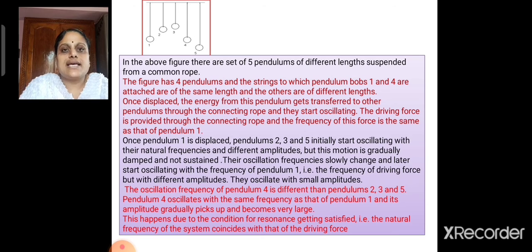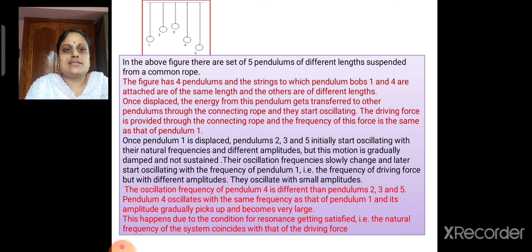Now let us see an example to explain the concept of resonance. In the above figure, you can see 5 sets of pendulums of different lengths suspended from a common rope. The figure has 4 pendulums and the strings to which pendulum bobs 1 and 4 are attached are of the same length and the others are of different lengths.